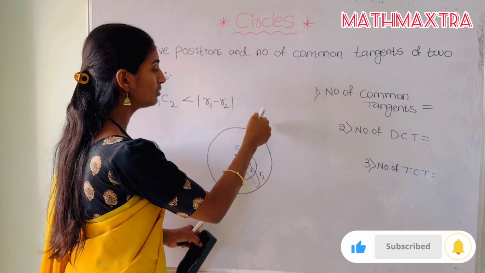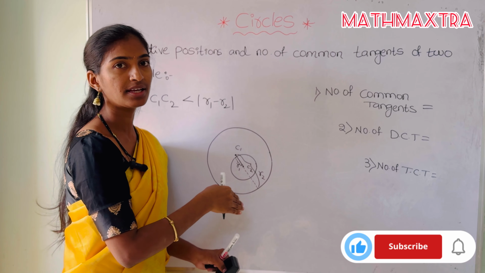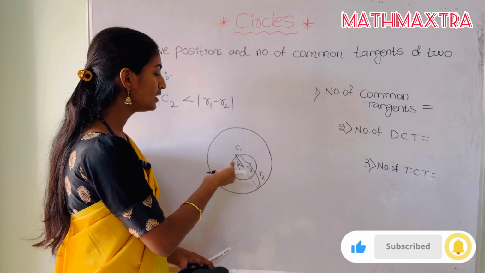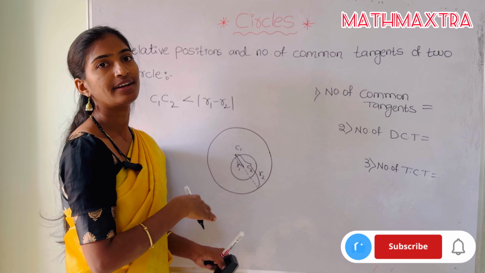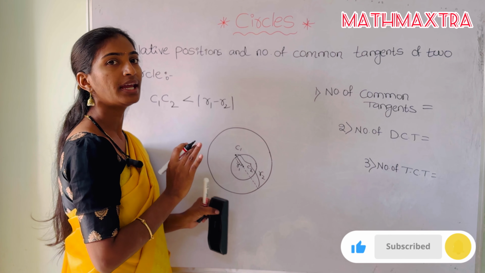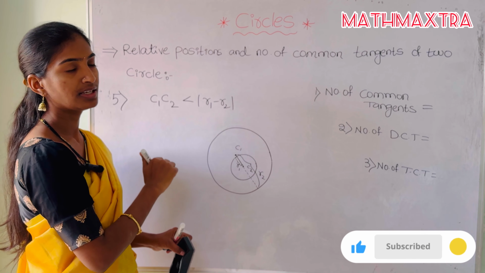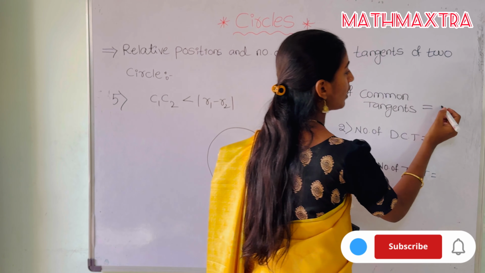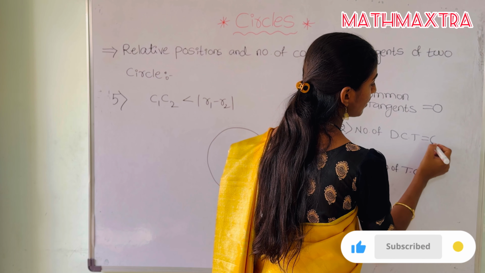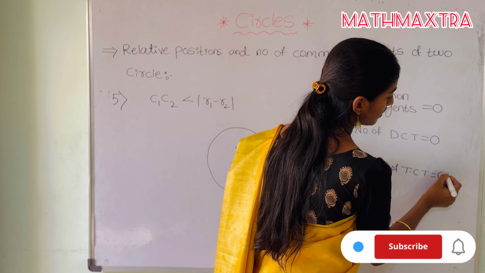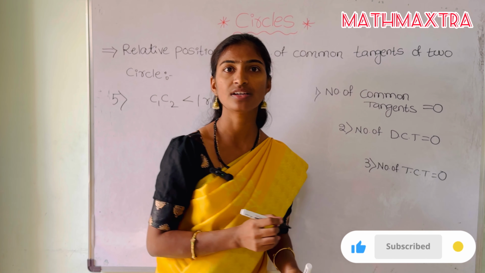If you try to draw a tangent to the big circle, that will not be a tangent to the small circle, isn't it? So that is why we cannot draw any common tangents if the position of the circles is like this. The number of common tangents is 0, direct common tangents 0, transverse common tangents 0.